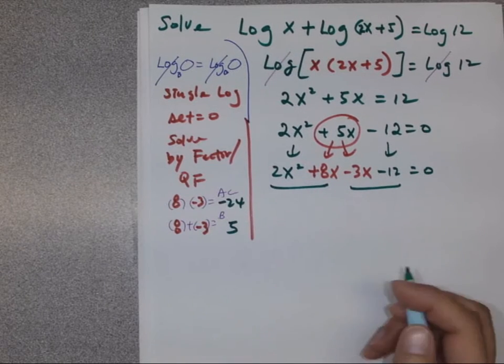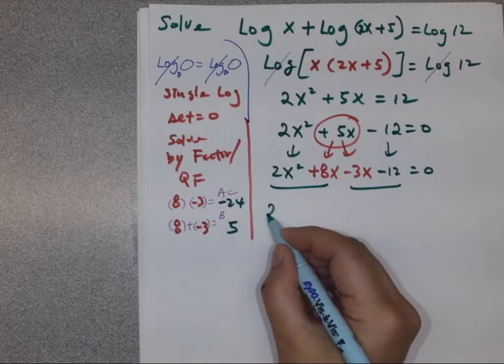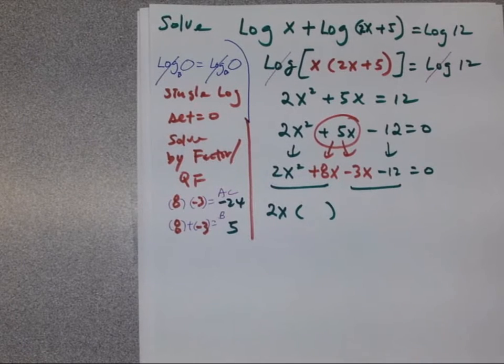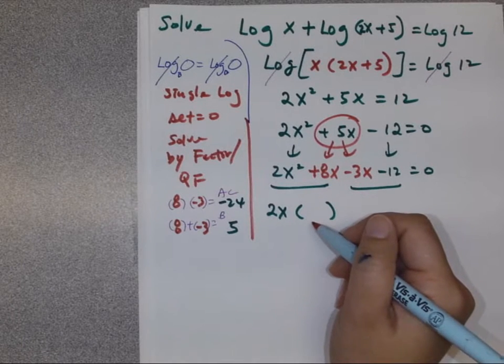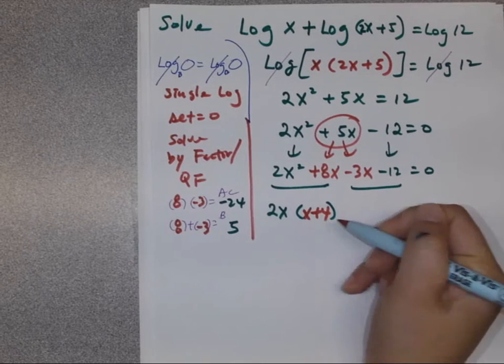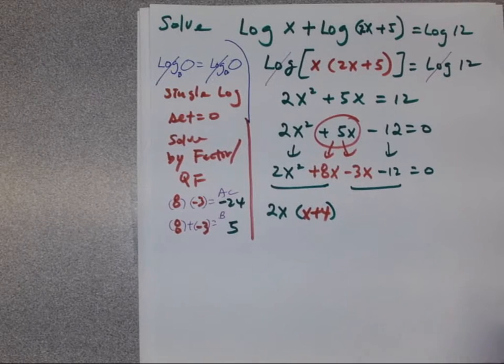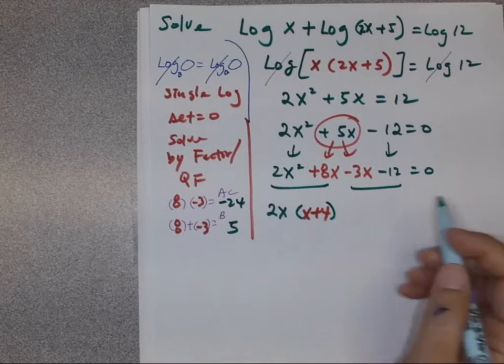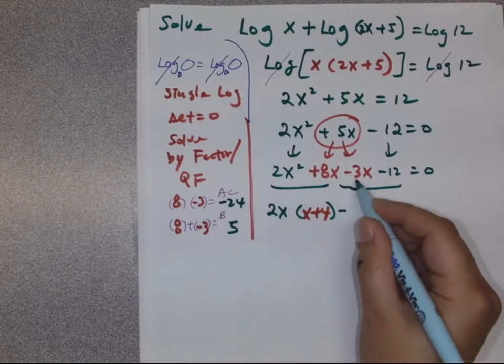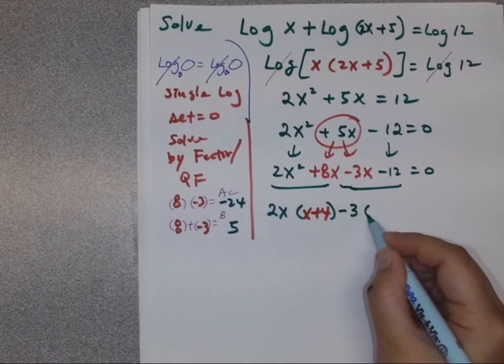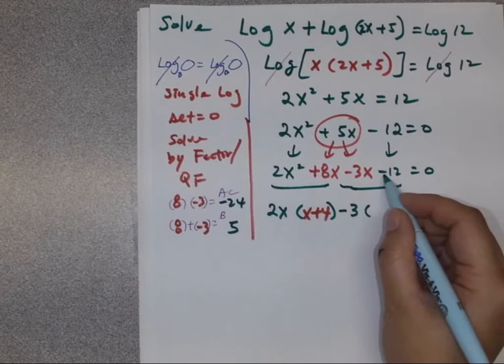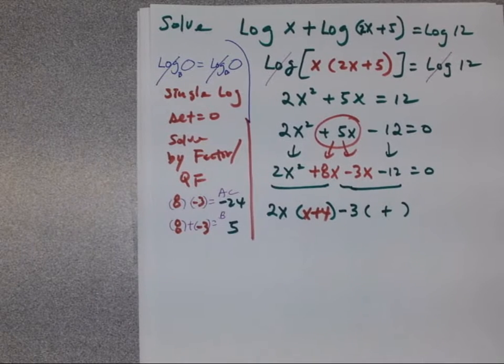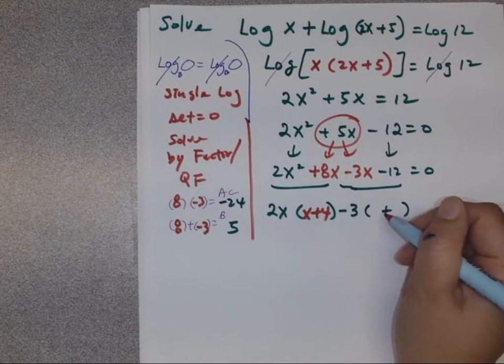What can I pull out? 2x, and inside I would have x plus 4. The second two terms I can pull out minus 3, so it starts with a negative. When you pull out the negative, I have to change this side to positive. So inside I still have x plus 4.